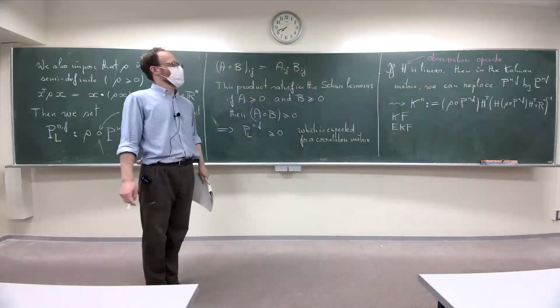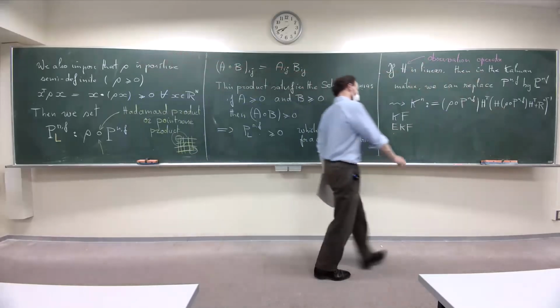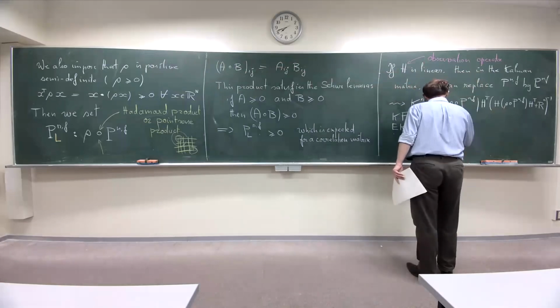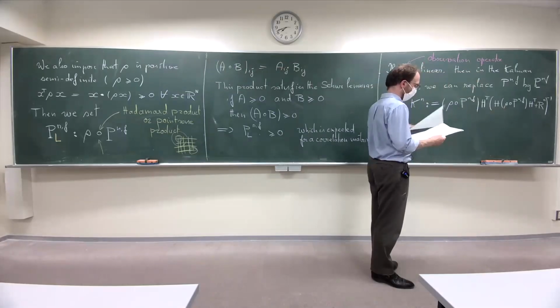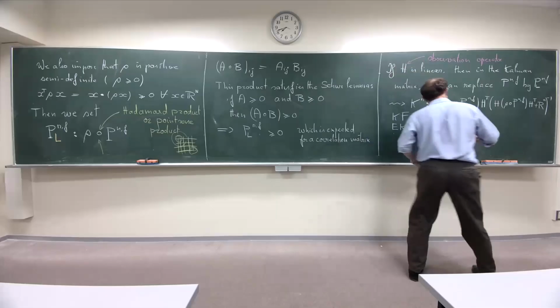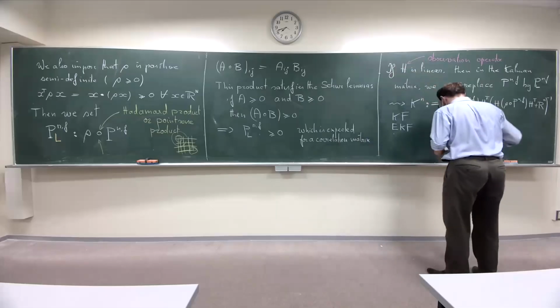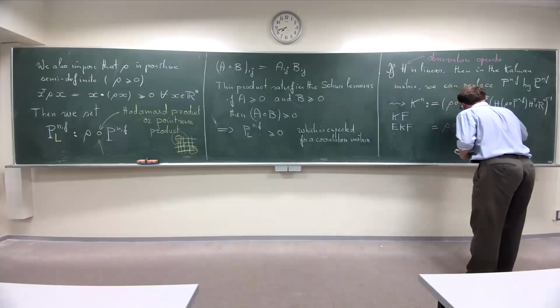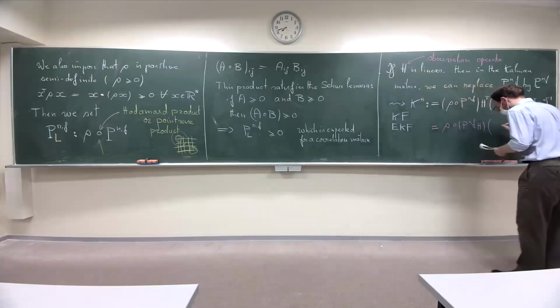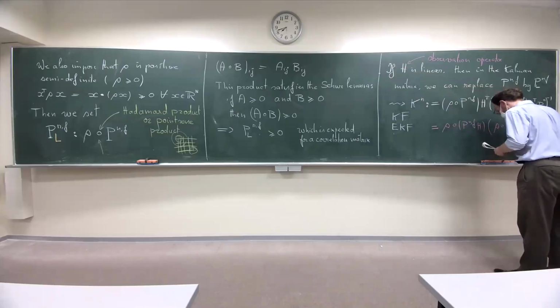Now, this is not what you see often in the literature. What people write is of this type, and I will show you how you get it. You often see this, which is simpler from the computational point of view.